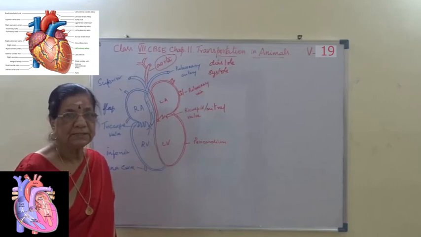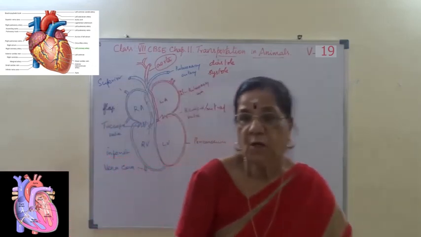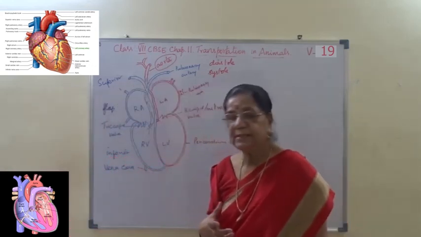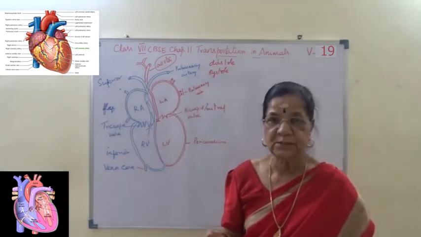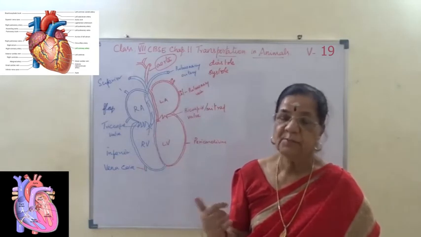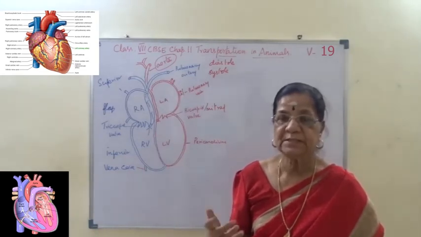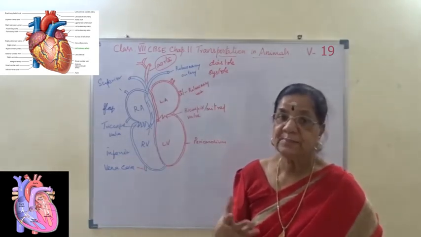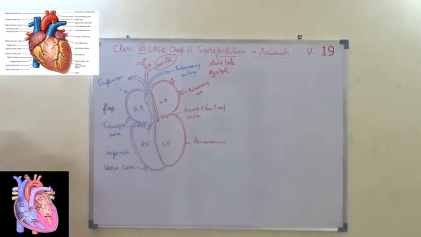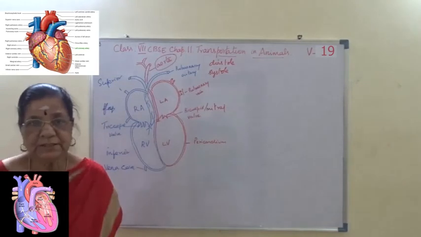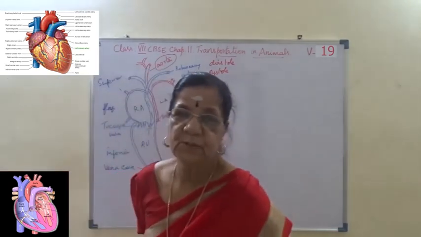I hope you understand. So here, all this pure blood collection, normally we say it is pulmonary circulation, and all impure blood collection is systemic circulation. We come across two terms, systemic circulation and pulmonary circulation.